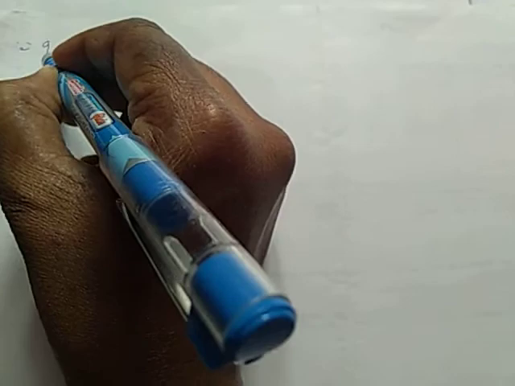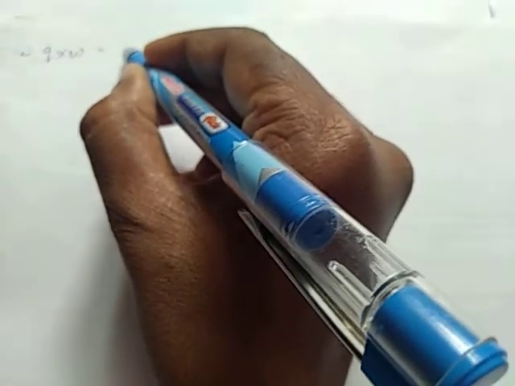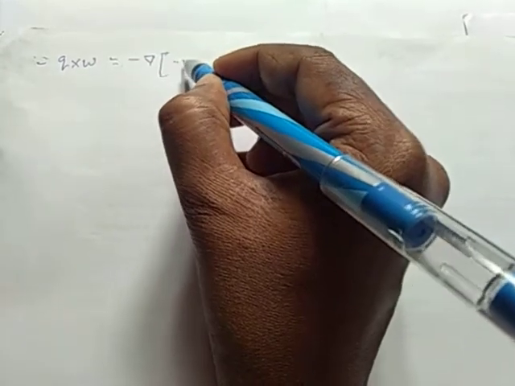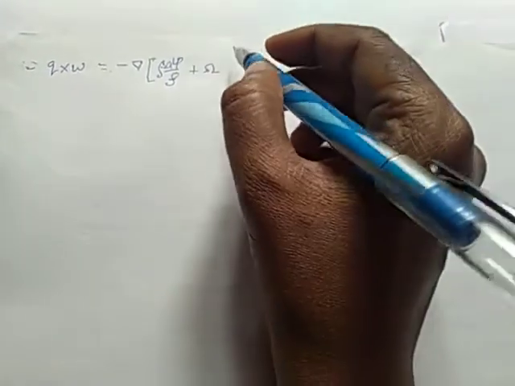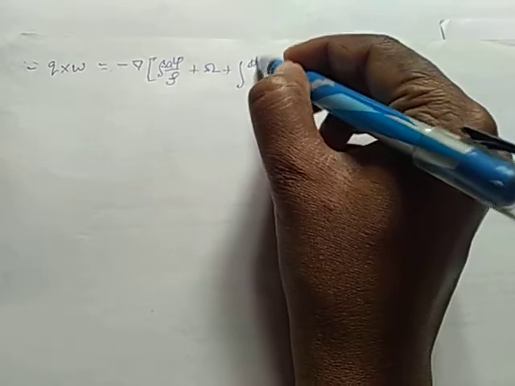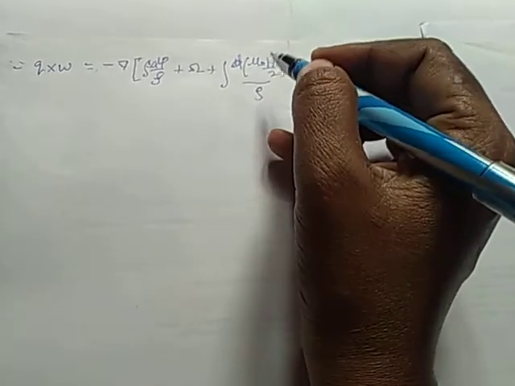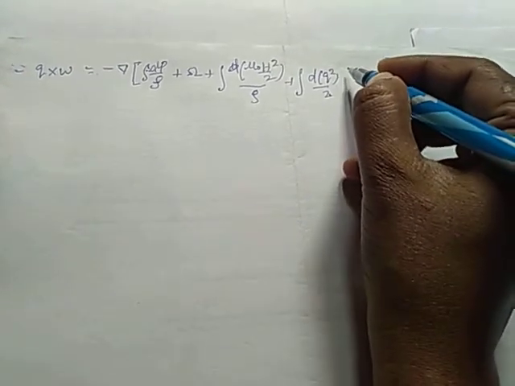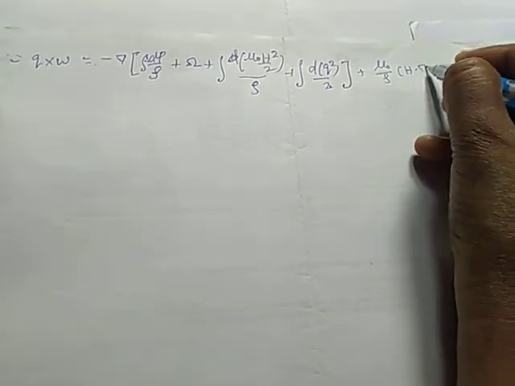Second term remains as it is, q cross omega is equal to minus del common, integral of dp by rho plus omega plus integral of d mu naught h square by 2 by rho and plus integral of d q square by 2 and last term mu naught by rho h dot del h.